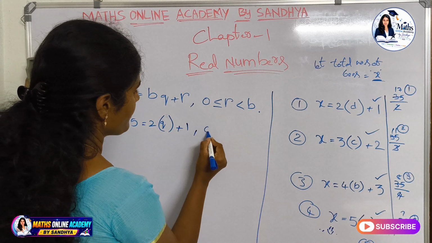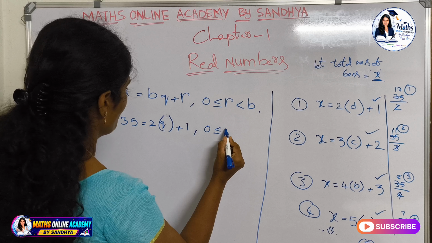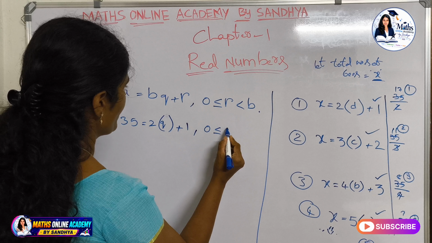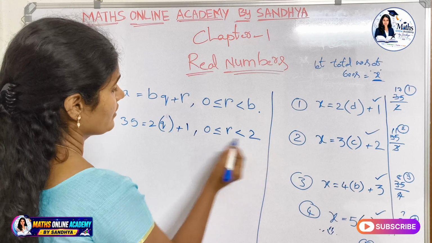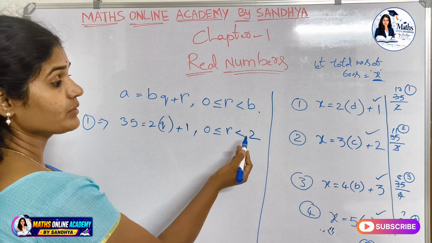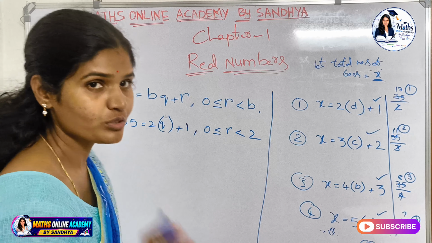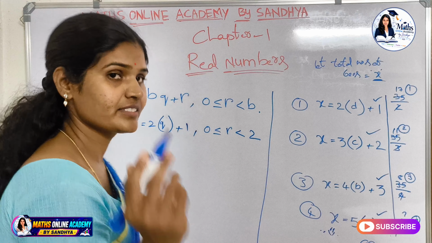So 0 less than or equal to R less than, what is the B here? 2. R here is 1, na? So R may be 0 or 1, but not equal to 2 or more than 2.